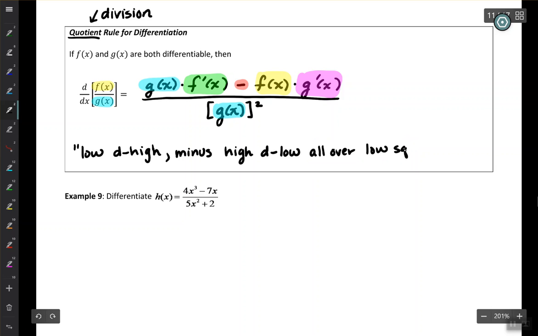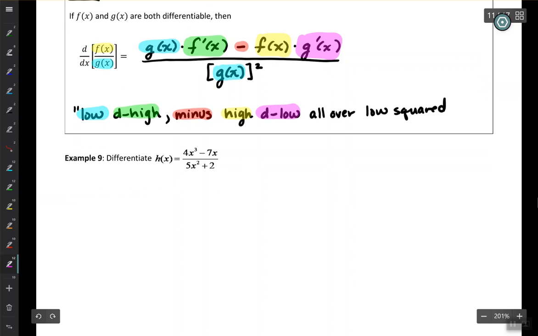Low, d high, minus high, d low, all divided by low squared. Low squared, times itself. Okay?